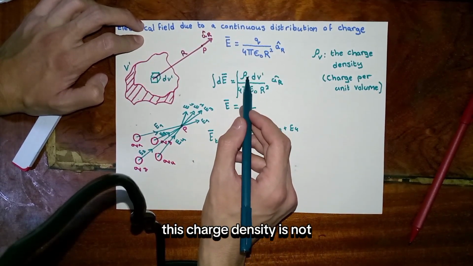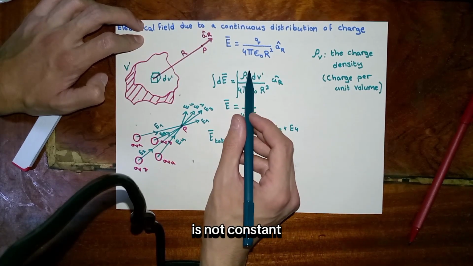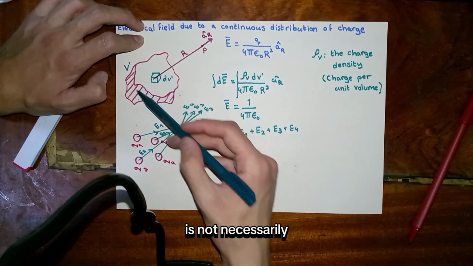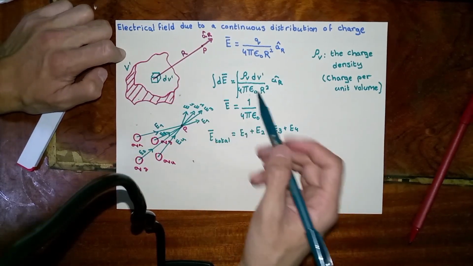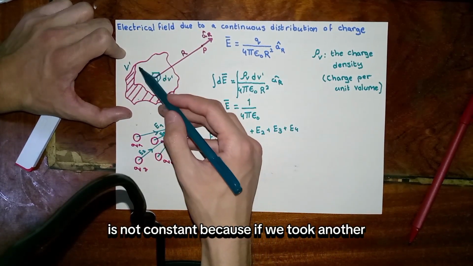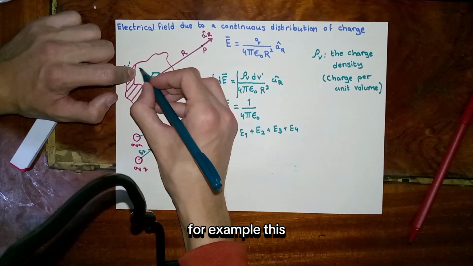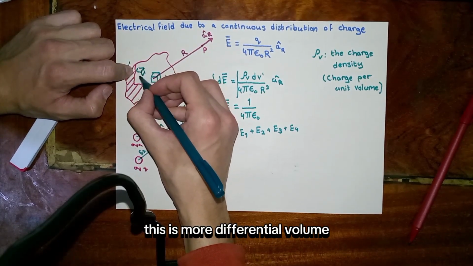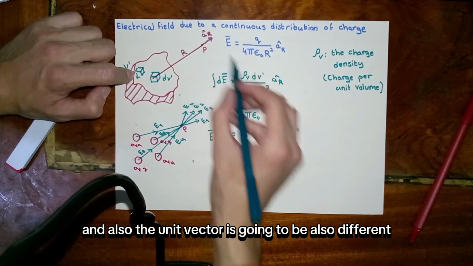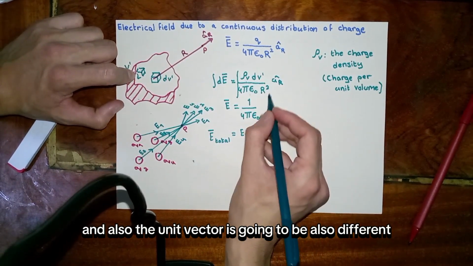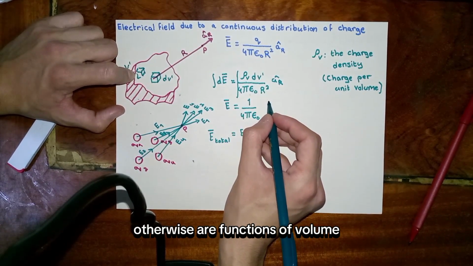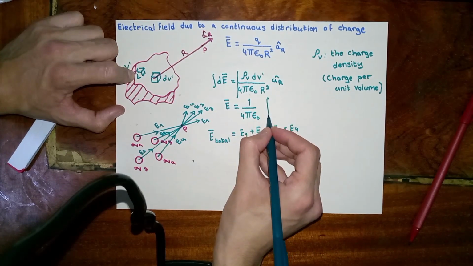For example, this charge density is not constant because the charge is not necessarily distributed uniformly over this volume, and also r is not constant, because if we took another small differential volume, the distance is going to be different, and also the unit vector is going to be different. So these are functions of volume.